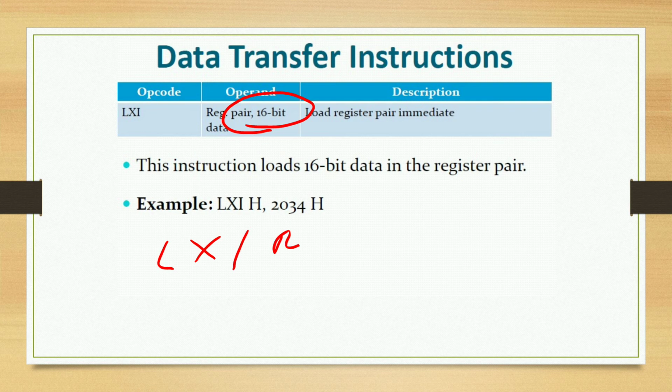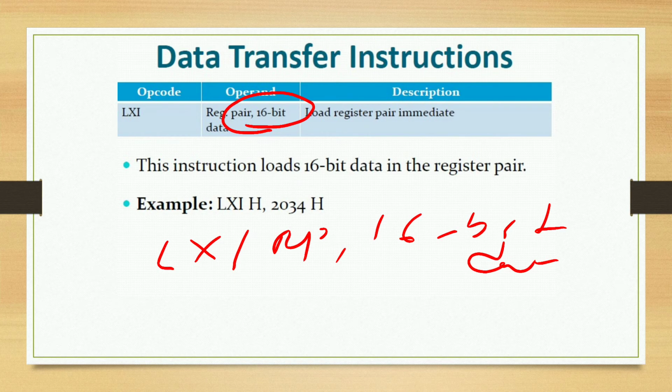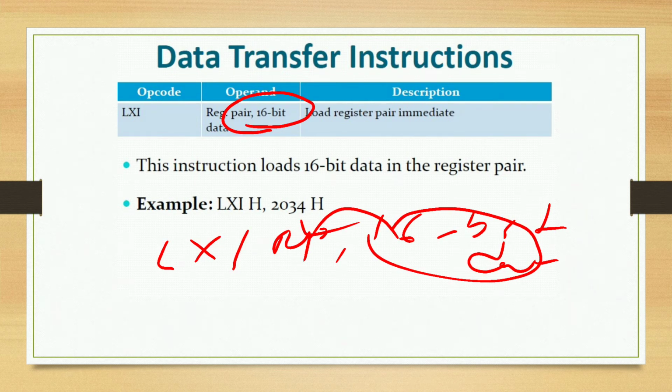LXI RP, 16-bit data. This instruction copies the 16-bit immediate data into a register pair, either BC, DE or HL.